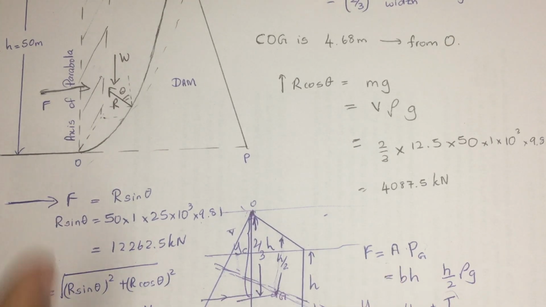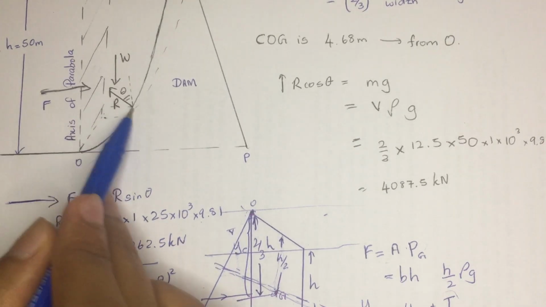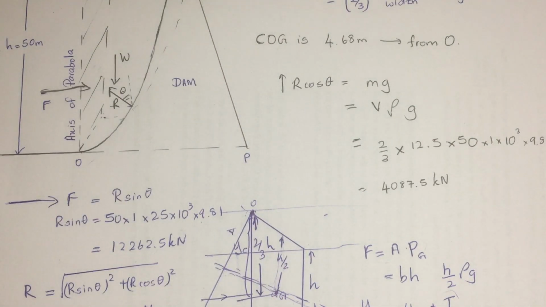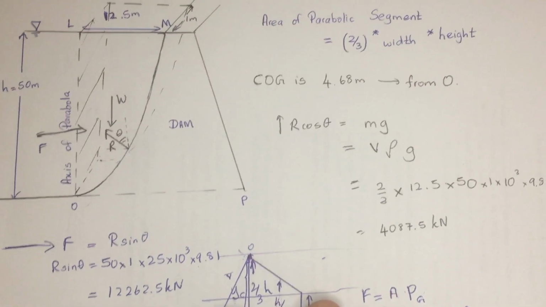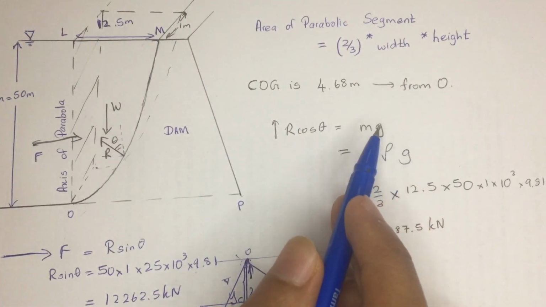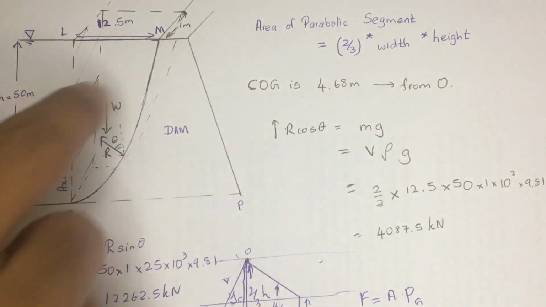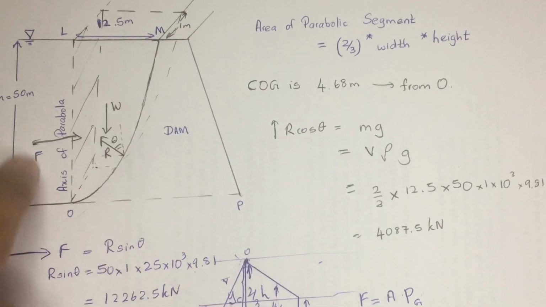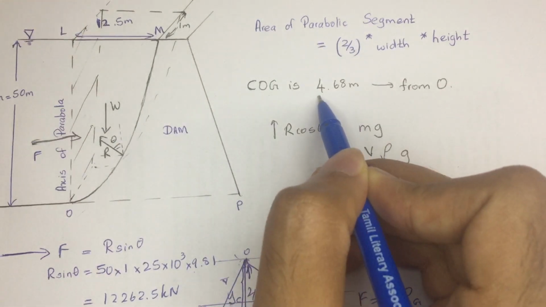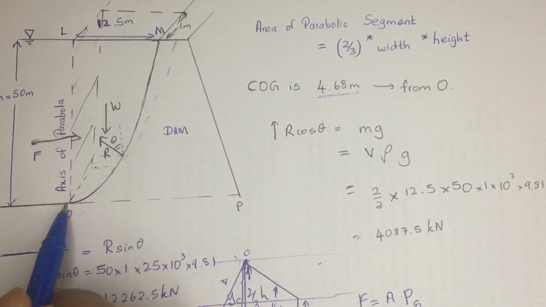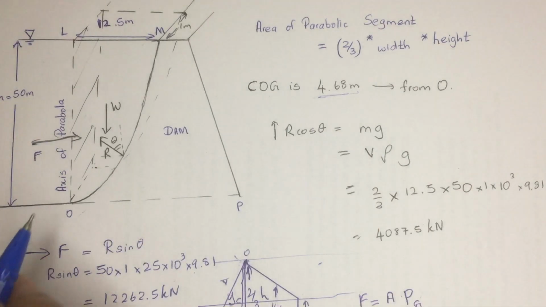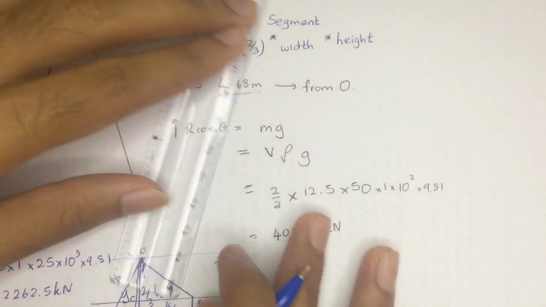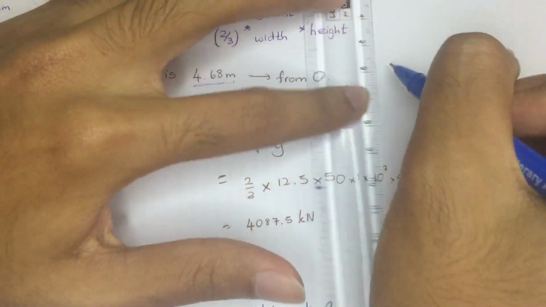We need to find where this resultant force is acting. They have given some details, so we need to use that to figure out the answer. We knew that when you are considering the water volume of this parabolic segment, they have already mentioned it's going to be 4.68 meter horizontally from O, which means from this O point, if I draw another sketch again, let's draw like this.